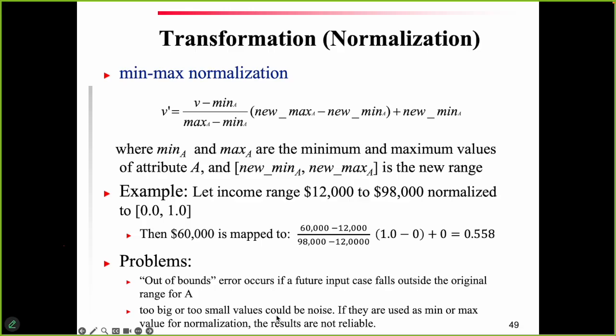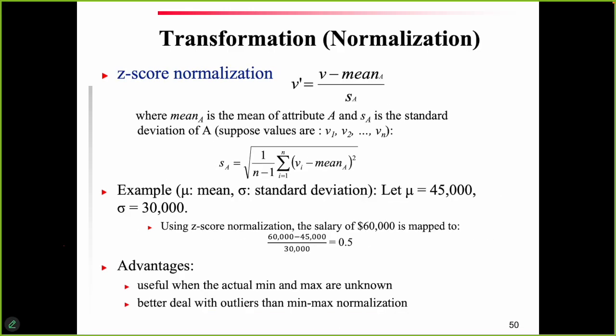Outliers can cause noise. So that was about min-max normalization, where you need to know your minimum and maximum values. Min-max normalization depends on the minimum and maximum values, but sometimes those values are not reliable, especially if you have outliers.